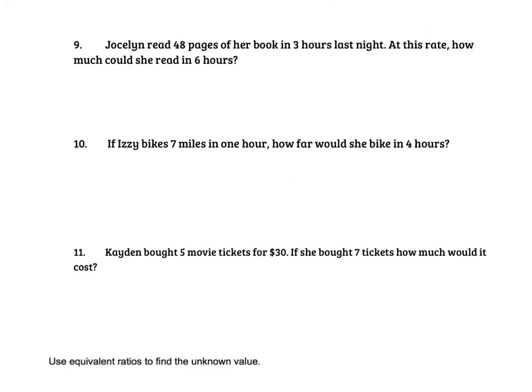Okay, let's take a look at our next question here. Jocelyn read 48 pages of her book in 3 hours. At this rate, how much could she read in 6 hours? So let's set up a ratio. 48 pages in 3 hours. So how much could she read in 6 hours?